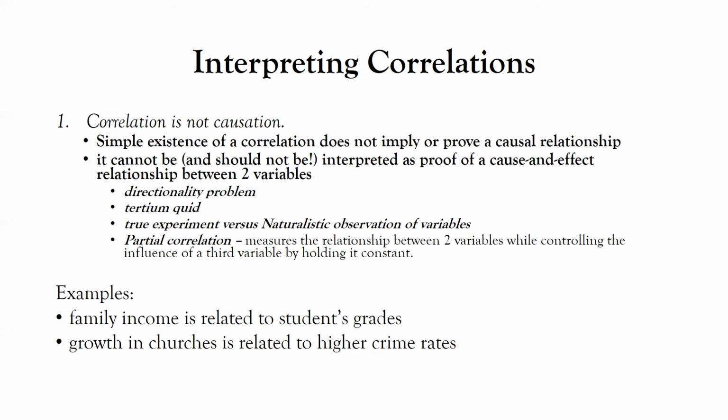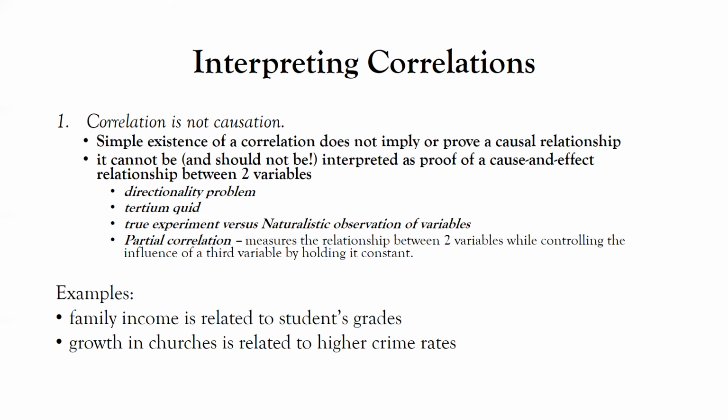And we try to avoid that in correlation because that's not the purpose and not the scope of correlational analysis. Causation is very difficult to prove because of certain considerations, certain factors. So let's not use correlation as a proof of cause and effect between two variables.